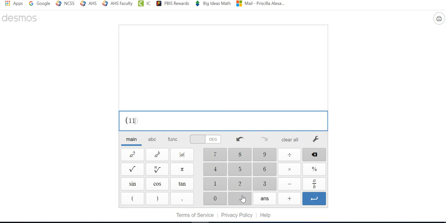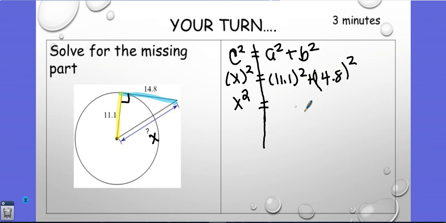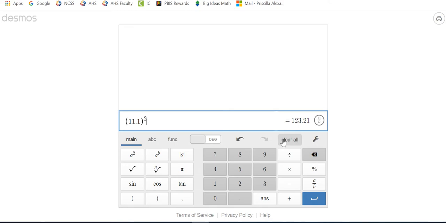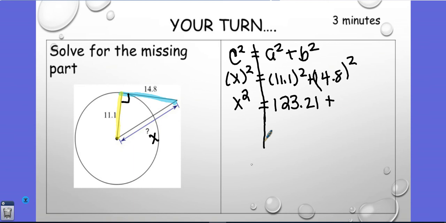So 11.1 squared equals 123.21. 123.21 plus 14.8 squared, which is 219.04.